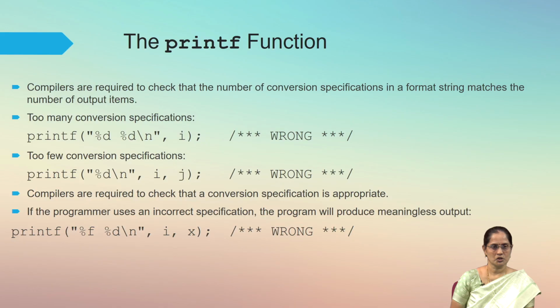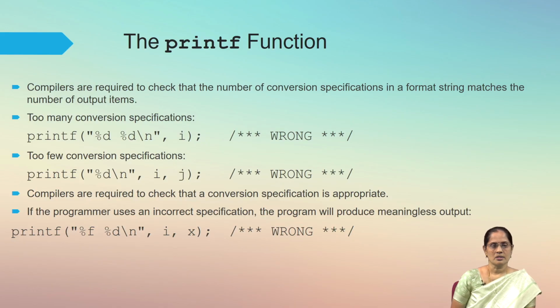We now need to learn what formats are available and in what way we can customize them for our requirements, and how we are going to display values in our programs. There are a few things to be checked.